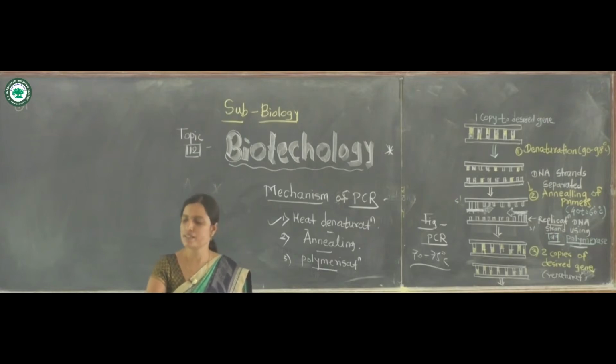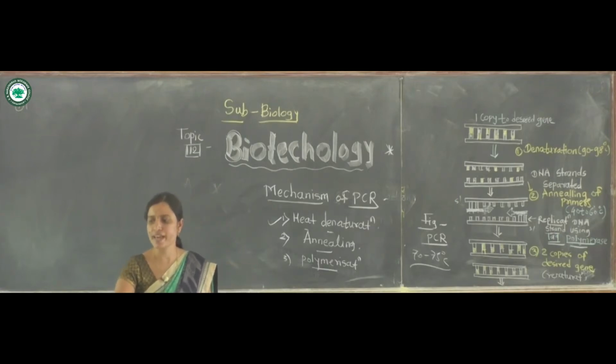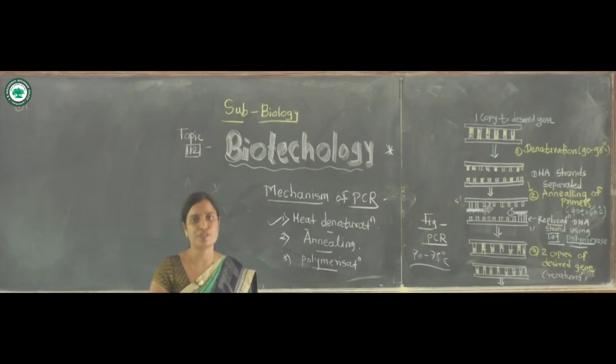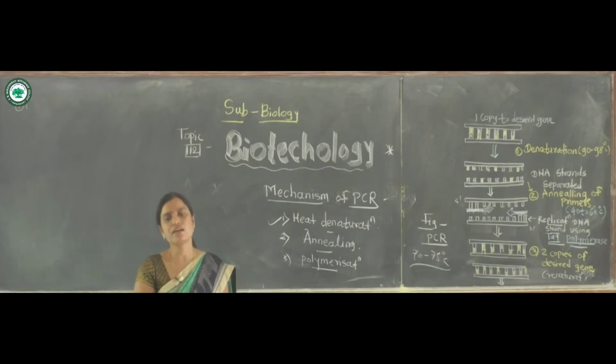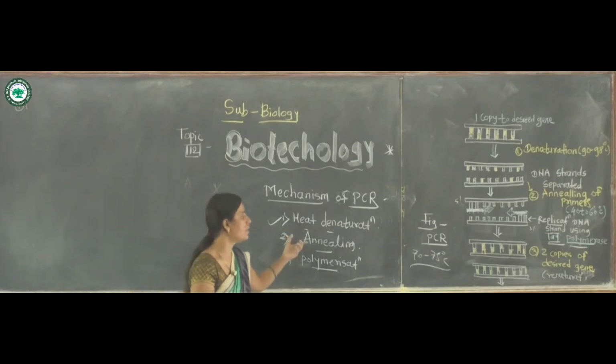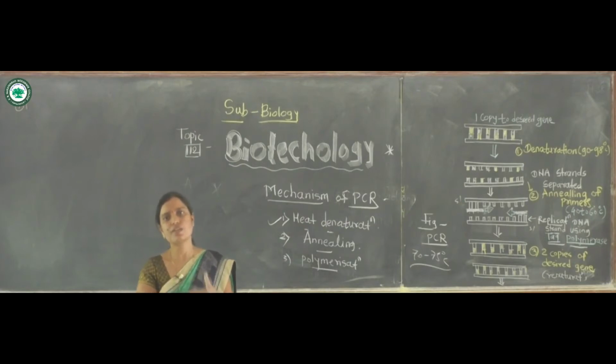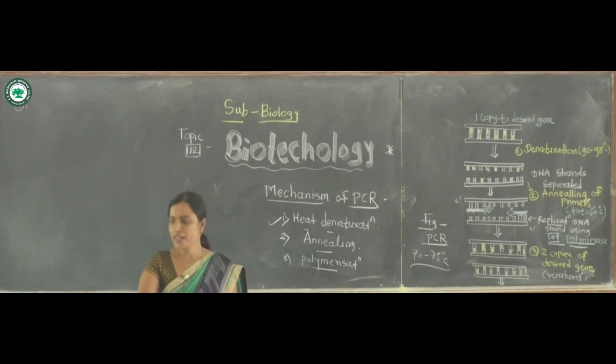These two copies of the desired DNA molecules are formed in a short period, and the cycle continues to produce double copies of DNA. With the repetition of these three steps, heat denaturation, annealing and polymerization, after these steps are completed the second cycle begins.